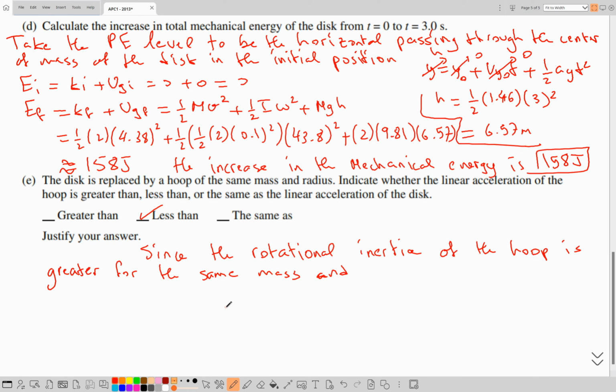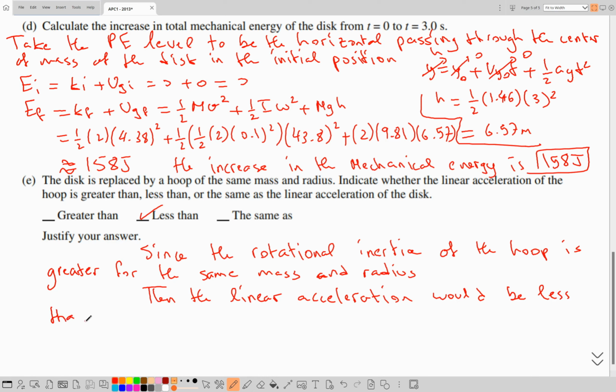So for the same mass and radius, then the linear acceleration of the hoop would be less than that of the disk.